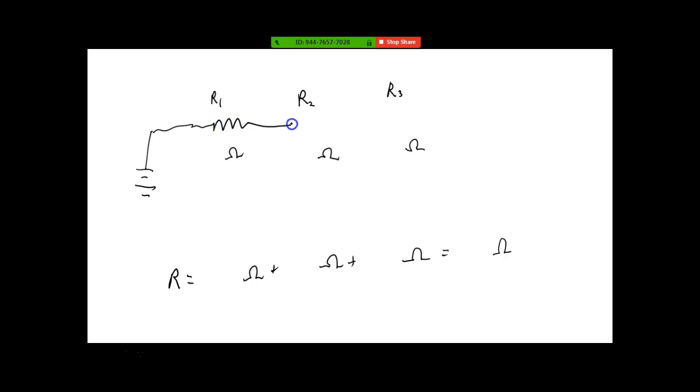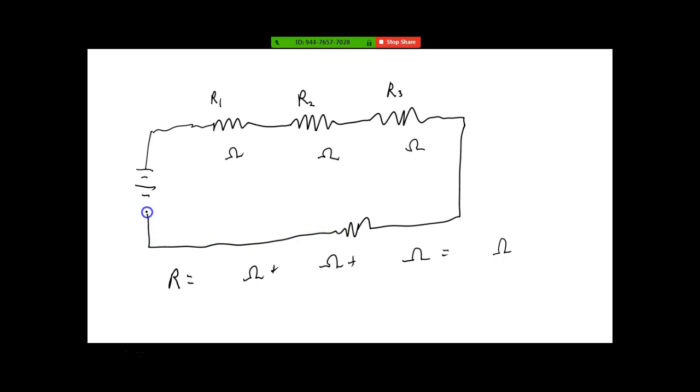Resistor 1, resistor 2, resistor 3, coming around, and then have a resistor 4 down here. Doesn't matter where you put them. And there they are. So here's R4. Okay, this time they told us the E, or V, whichever you want to call it, is 90.0 volts.